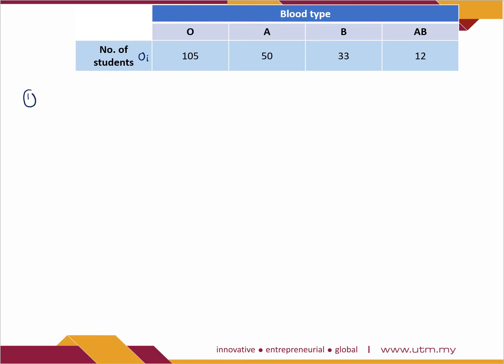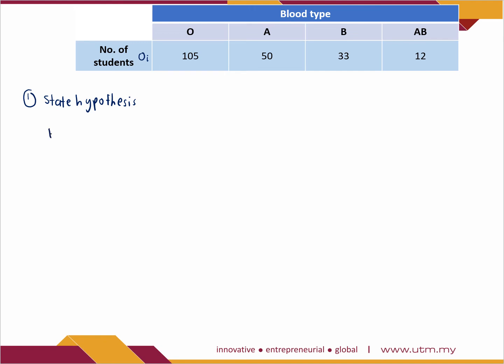So now what we need to do is, first of all, state the hypothesis. We want to check whether we have reason to accept that the ratio of the blood groups O, A, B and AB is 50, 23, 23 and 4.